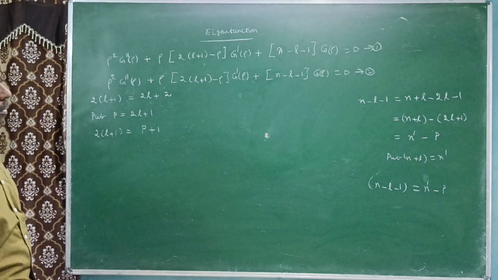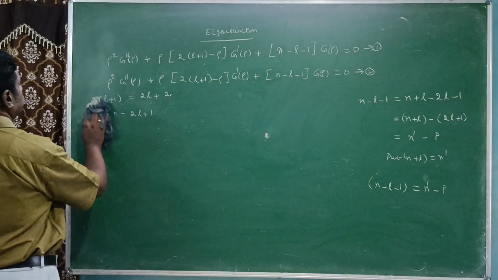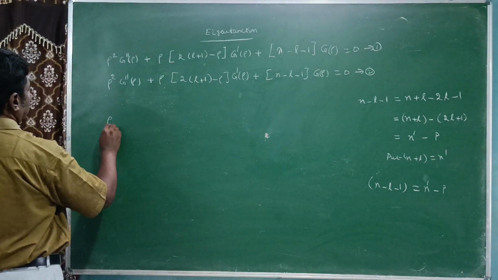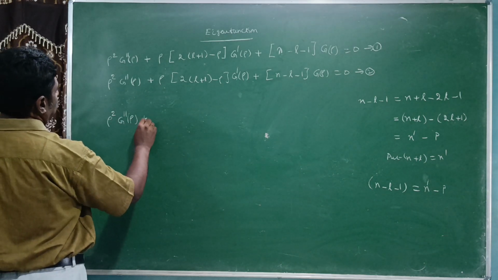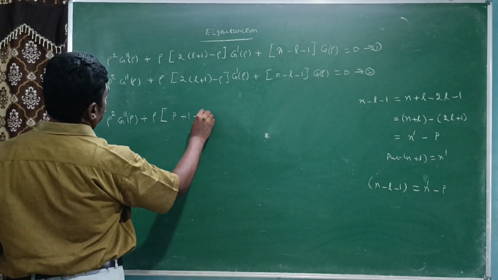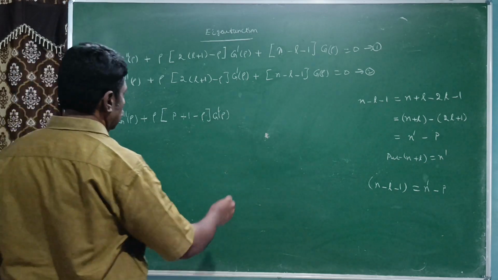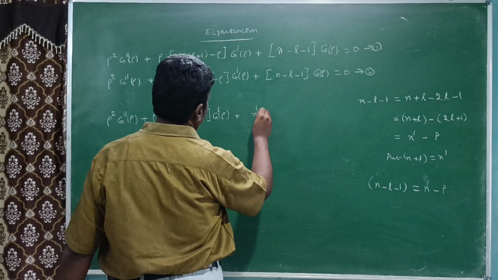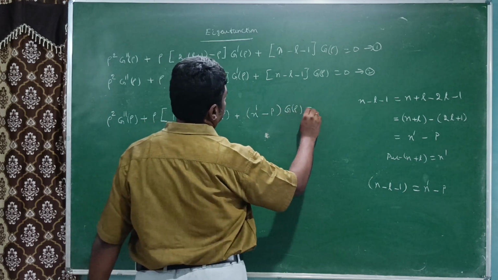Now equation 2 is modified as rho square g double dash of rho plus rho into (p plus 1 minus rho) g dash of rho plus, instead of this, we have to put (n dash minus p) into g of rho equal to 0.